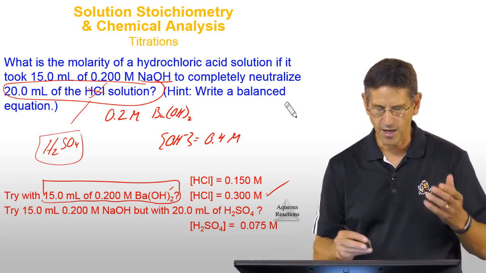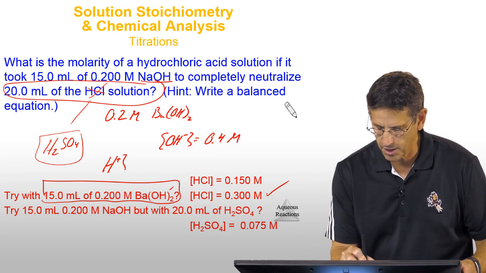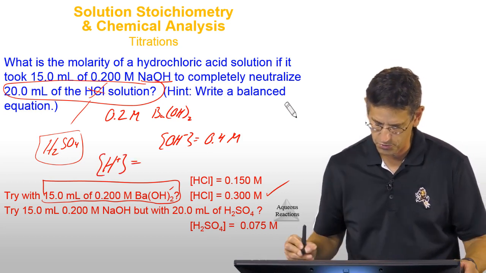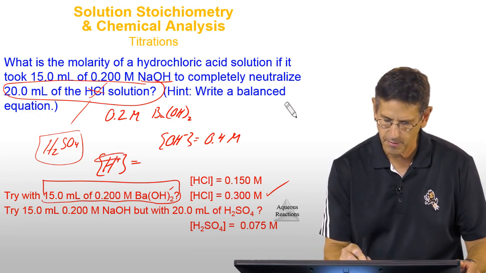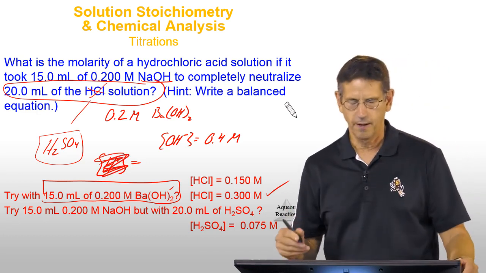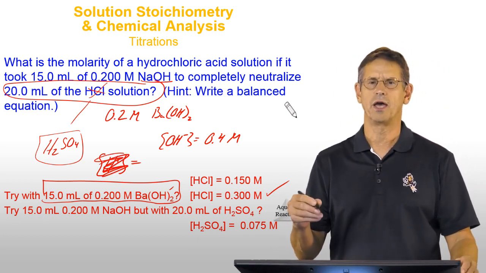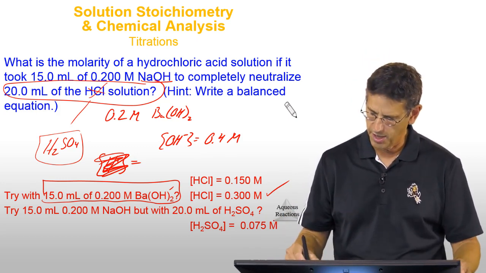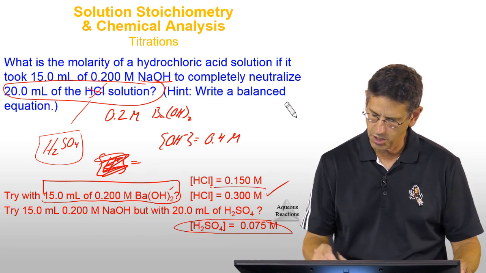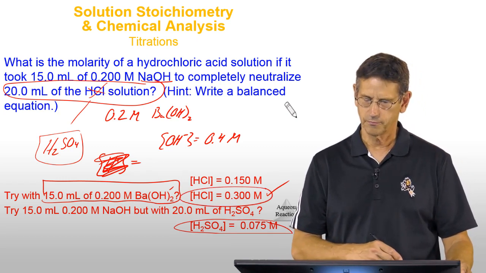So in effect, the proton concentration is twice the acid concentration. You'll have to take that into account when you do your division. So that's all I'll say. I just want to throw these out. I give you the answers here so you can check yourself on this.